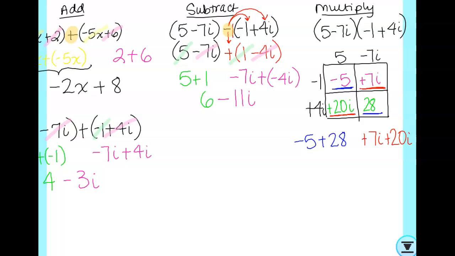When we add the real ones together, and remember we always put the real ones first, negative 5 plus 28 is 23, and we have 7i plus 20i, which is plus 27i. So again, we started off with two complex numbers, and we ended up with one complex number. There shouldn't be any i squares. It should be a real portion and an imaginary portion when you multiply.